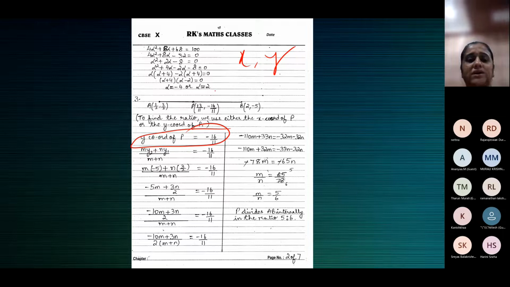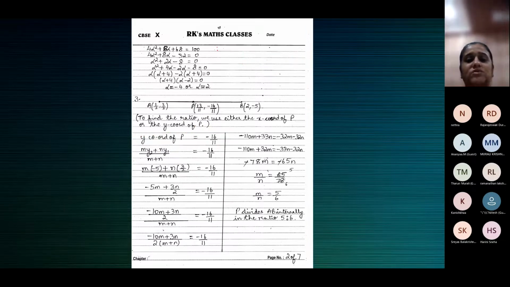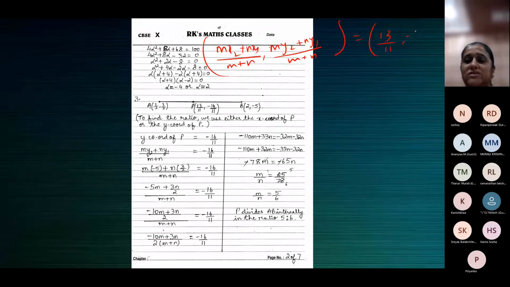Why are we writing P equal to (m x2 + n x1) by (m + n), comma, (m y2 + n y1) by (m + n), and then equal to 13 by 11, comma, minus? Why are we wasting time substituting in both places? Now we have time. You can work it for 5 minutes or even 50 minutes.